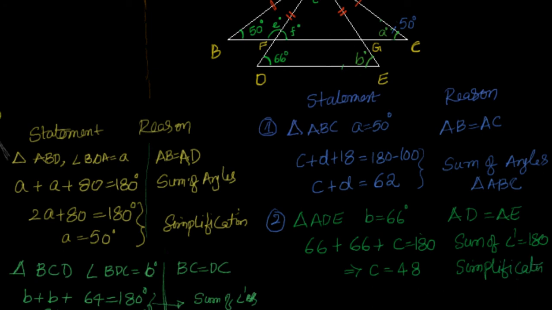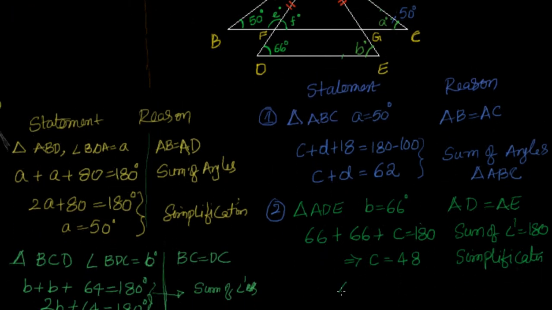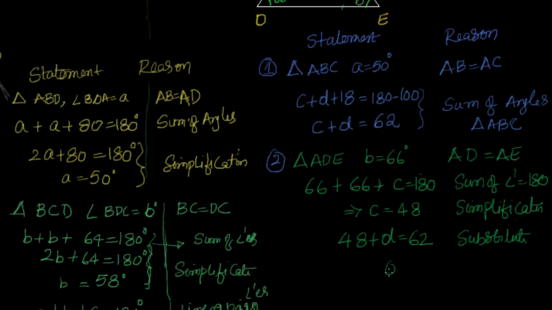So now we found out C, then I can substitute 48 plus D equal to 62. I can say substitution of the earlier equation we got, and based on that we can say D equal to 14. Again simplification.